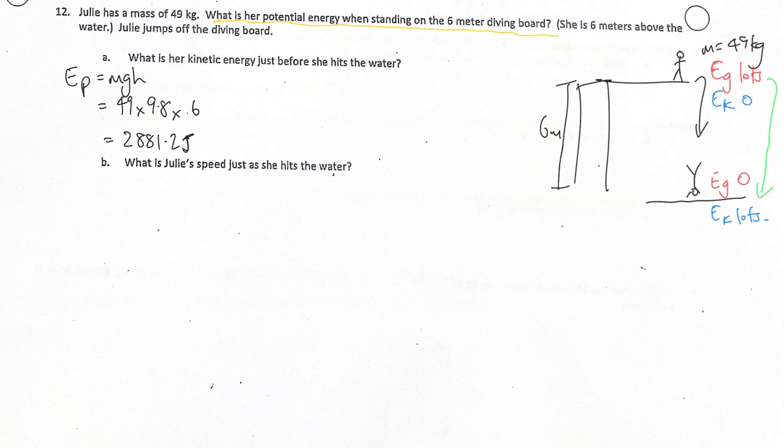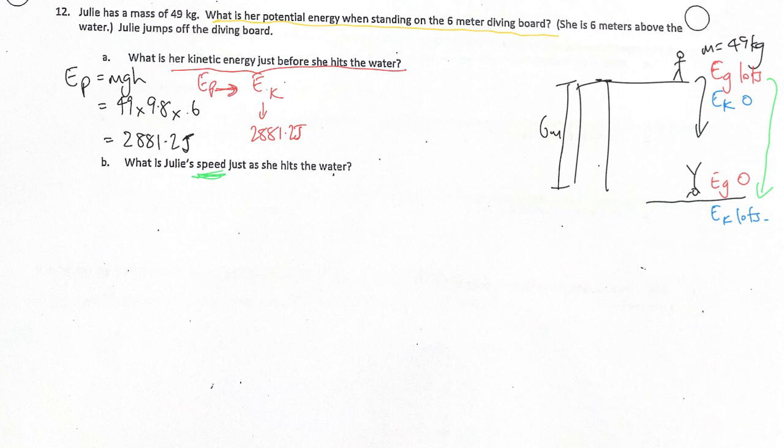Now all of that potential energy is converted into kinetic energy. So the kinetic energy is 2881.2 joules, the kinetic energy she has just before she hits the water. Then we ask, what's Julie's speed?